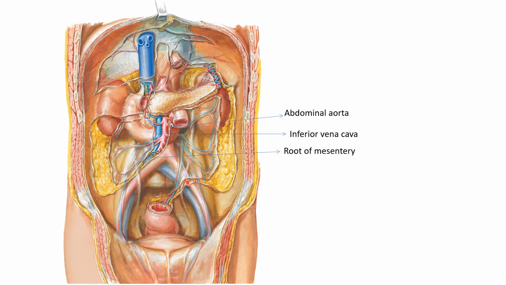The sigmoid mesocolon is a V-shaped part. Here we can identify two folds, the superior fold and the inferior fold. We can also call them the right-sided fold and the left-sided fold of the sigmoid mesocolon. So that is about the peritoneal folds in the abdomen.